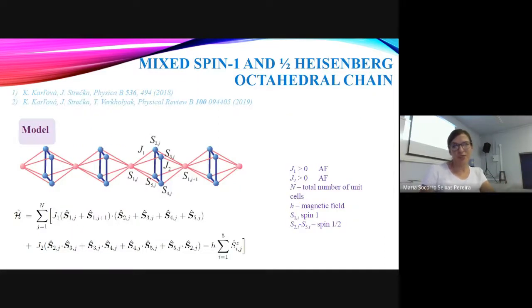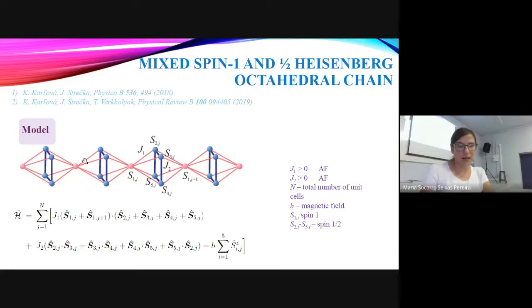So let me introduce the studied model. We have studied the mixed spin 1 and spin 1/2 Heisenberg octahedral chain, part of which can be seen in this figure and which can be defined through the following Hamiltonian.